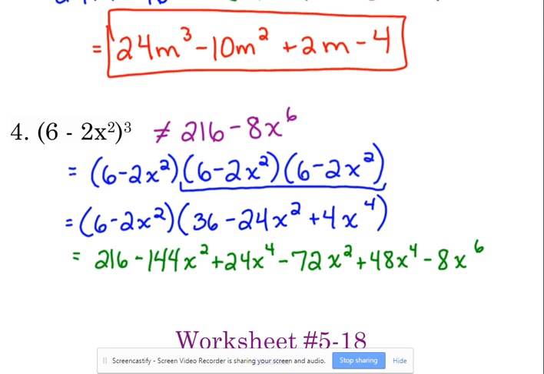So we do get part of what I told you that the answer was not equal to, the beginning and the end, but there's a whole bunch of stuff in between that we would have missed had we not done this correctly. Let's see here. So if we combine the x squares, that is negative 216.